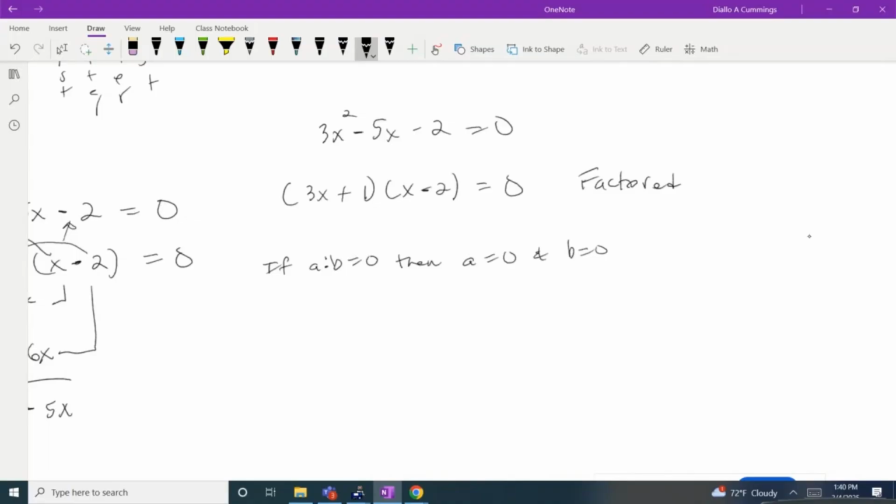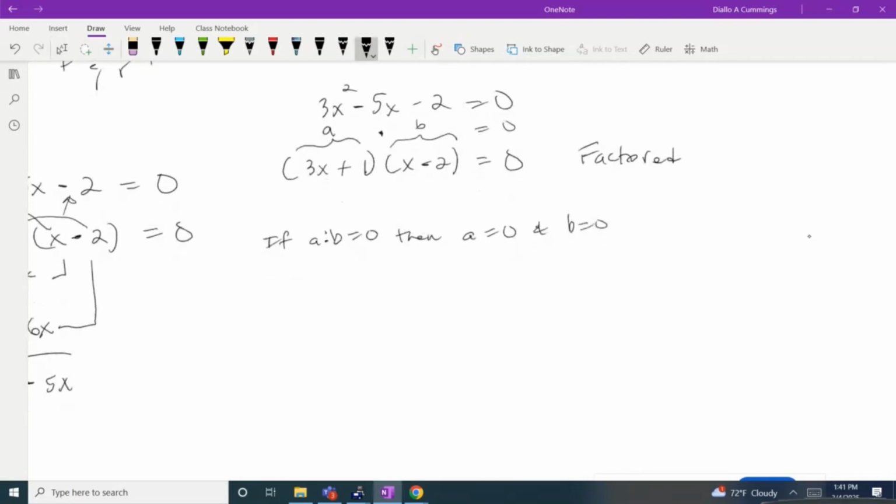So if we think about our first factor, this is a, times that second factor, which is b, and it's equal to 0, like our formula. I can set a equal to 0, so that means I can set 3x plus 1 equal to 0.